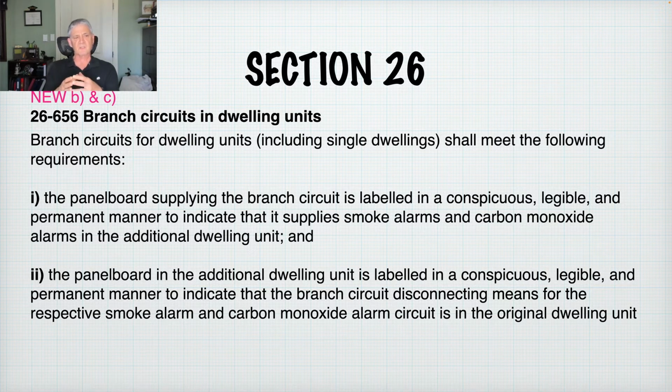So what this means is this branch circuit is part of 2 dwelling units. So it must come from the main dwelling unit and it must be labeled as such. And then the panel board in the, I'm going to say suite, must be labeled that the smoke alarms are labeled in the main part of the house.